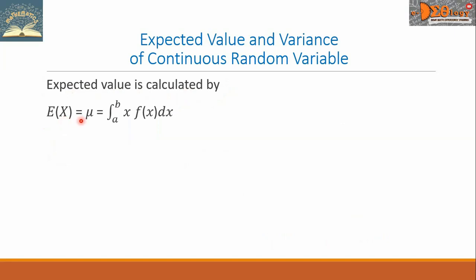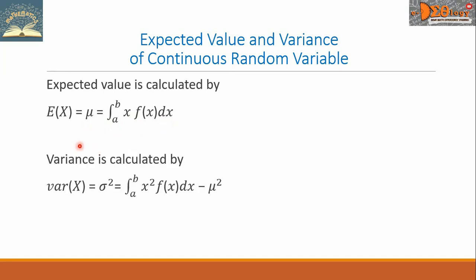Sometimes we write this as the mean as symbolized by the mu. This is equal to the definite integral from A to B of x multiplied by f of x dx. Now the variance.